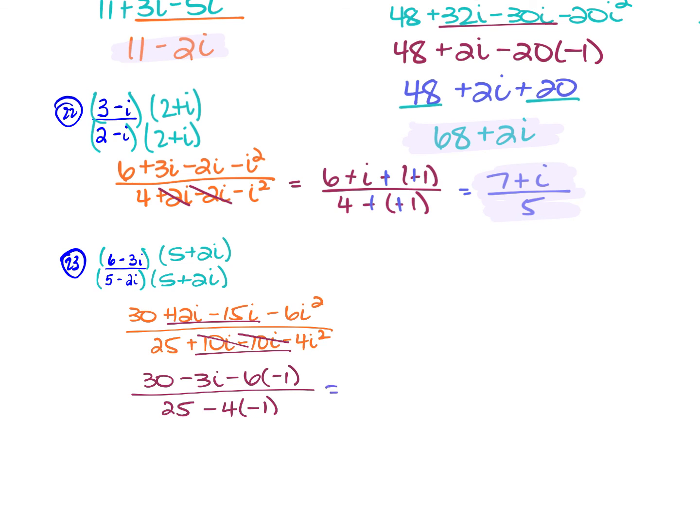This is going to then give us 30 minus 3i plus 6, all over 25 plus 4. So then this completely simplifies to be 36 minus 3i all over 29. For this one, because that 29 is not a factor of 3 or a multiple of 3, it stays the way that you see it.